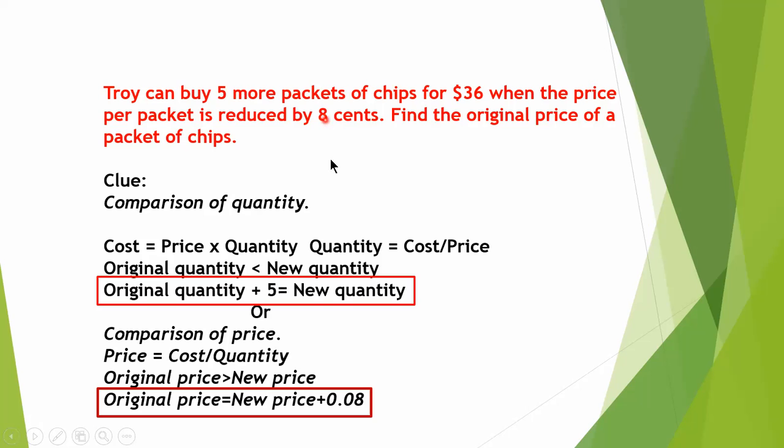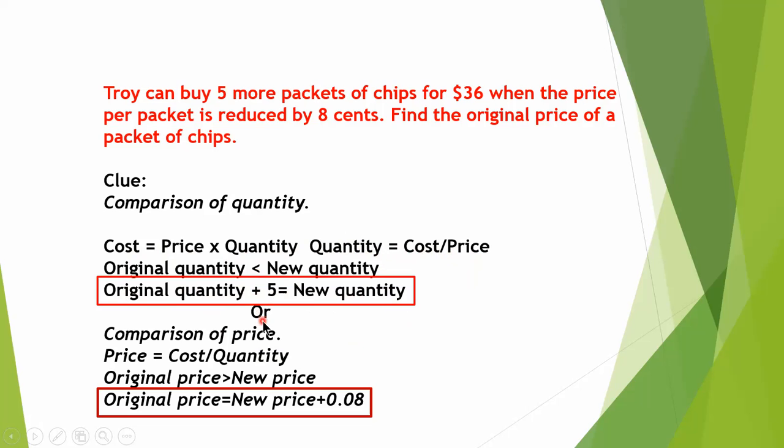So you can buy more. So original quantity is lesser, and you add the difference to the lesser side, then it equals new quantity. So you convert inequality to equation by adding 5 to the lesser side. So original quantity is derived from this formula. Original quantity is cost over price.